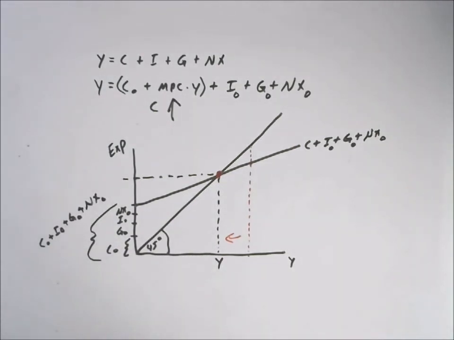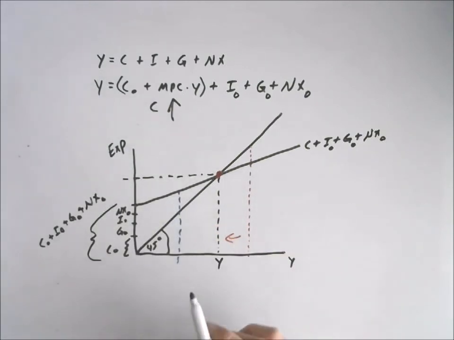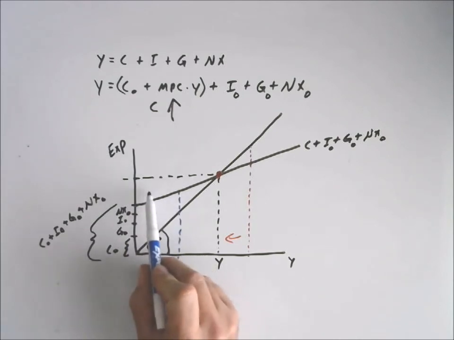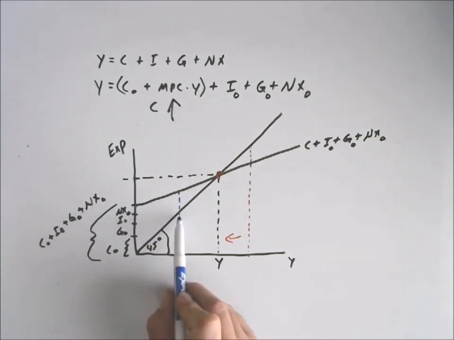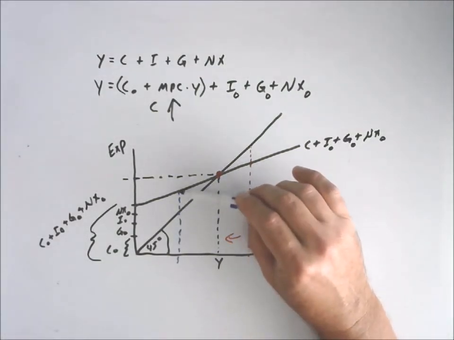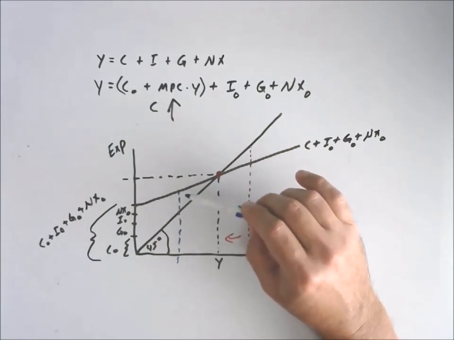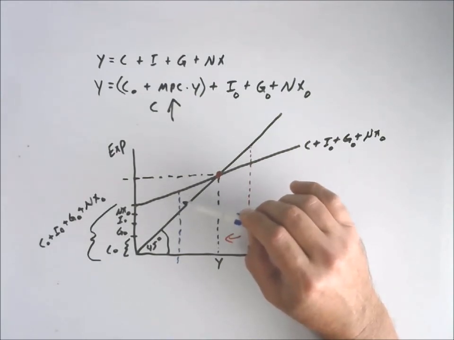On the other hand, assume the economy is sitting over here. This means that planned expenditure exceeds real GDP. In other words, firms aren't going to have enough inventory to satisfy the demand from consumers, firm spending, government, and so on.